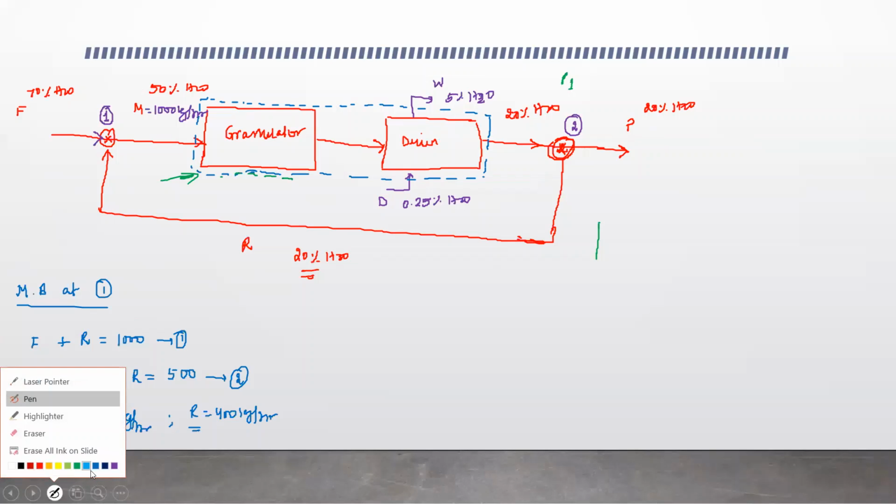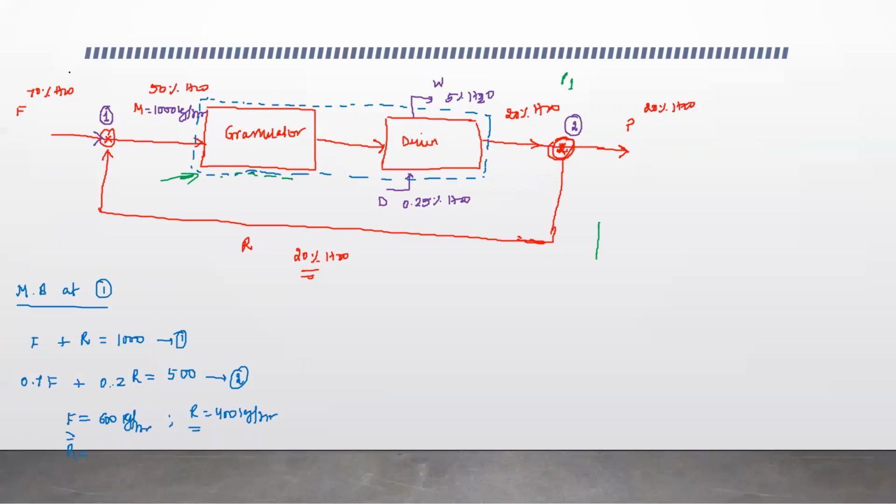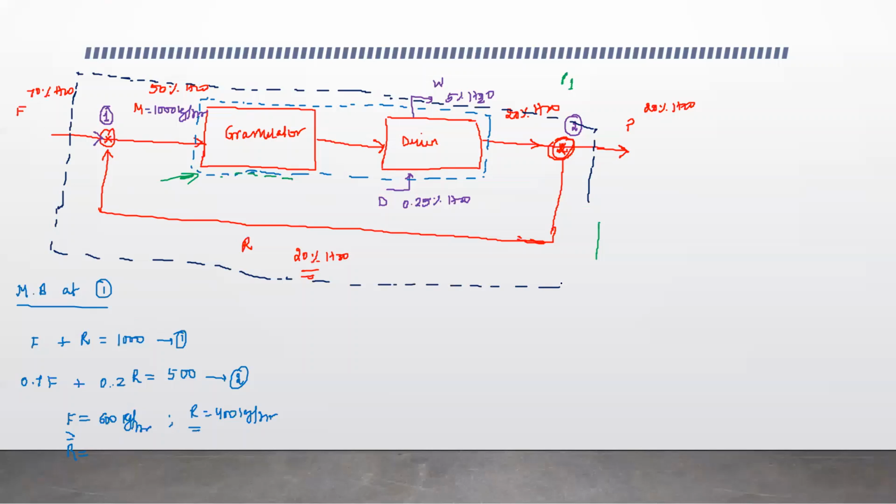So over here, yes. So let's take this entire thing. This entire thing. It would be easier for us to solve this problem using this. Okay. We'll just discuss how.